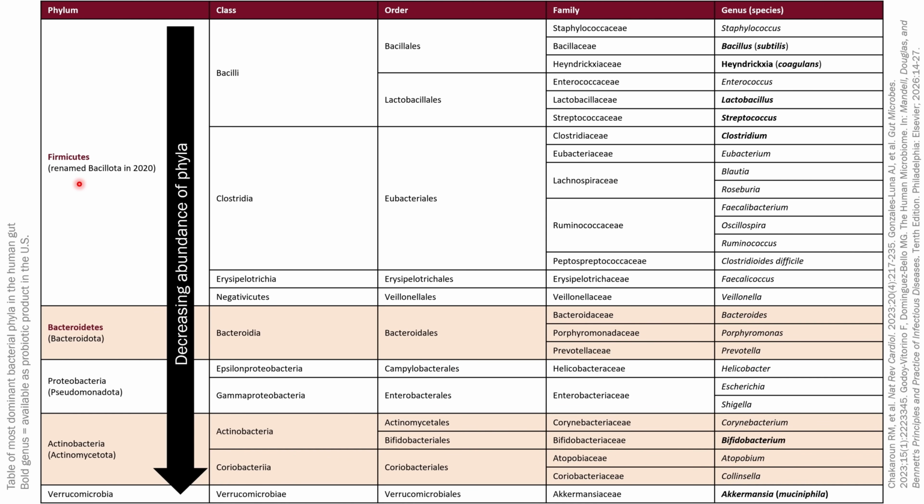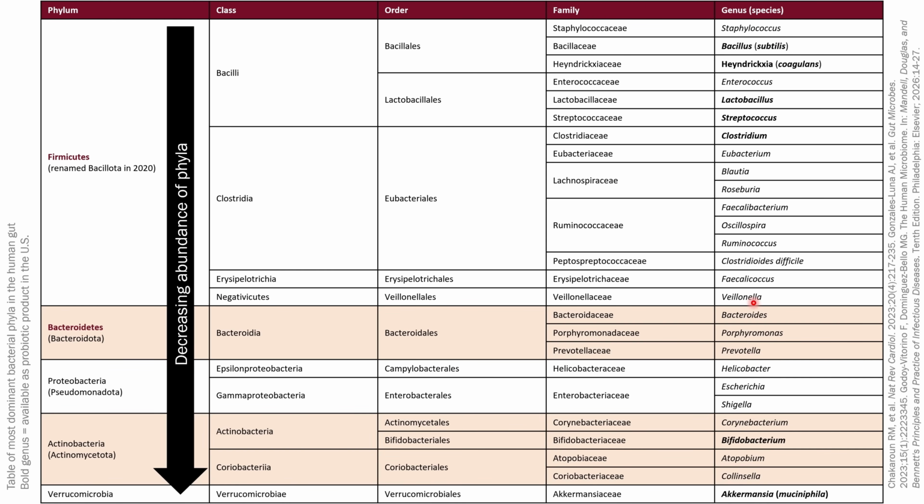Firmicutes, which were actually renamed Bacillota in 2020, are by far the most abundant phylum in the GI tract, followed by Bacteroidetes and some of the other phyla. So most commonly you will see Firmicutes in the GI tract. Of note, there are no probiotics available that belong to Bacteroidetes, so essentially you cannot replace these in the GI tract.